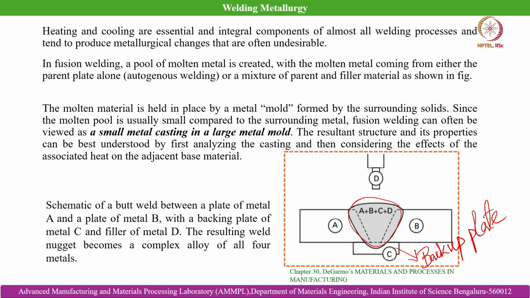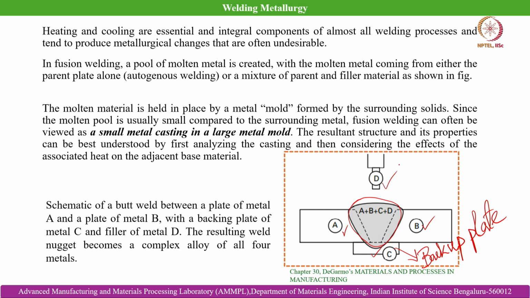There has to be some metallurgical bonding and atomistic bonding formed, because fusion welding is a kind of permanent joint. We never intend to separate out the parts which are joined, so a metallurgical bond has to be developed at the weld zone. So, the total composition is a combination of A, B, backplate C, and also the filler material D.